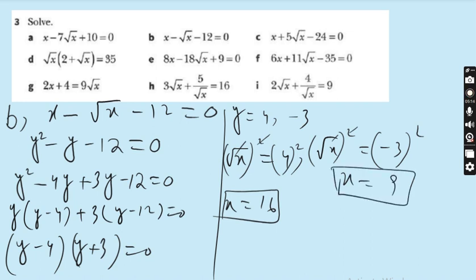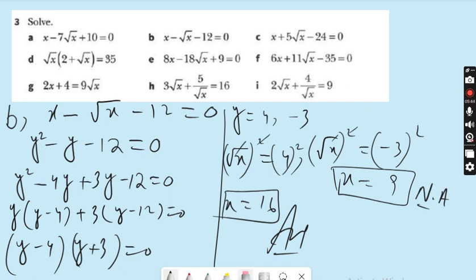But if you put 9 in your equation, you will see that your answer is not satisfied, so we will not take this value. The only answer is 16. You can put 16 in the given equation: 16 minus 4 is 12, 12 minus 12 is 0. But x is equal to 9 is not satisfied.